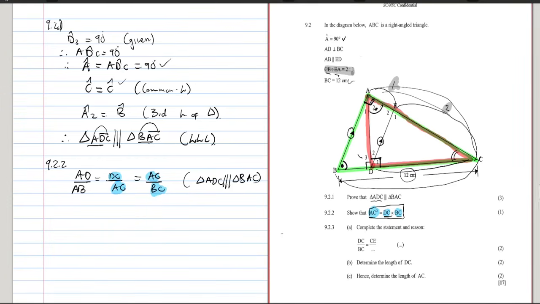So we're going to pick this ratio and that ratio. DC over AC is equal to AC over BC. Then we cross multiply, we get AC squared, and BC multiplied by DC, which is the same thing as that.